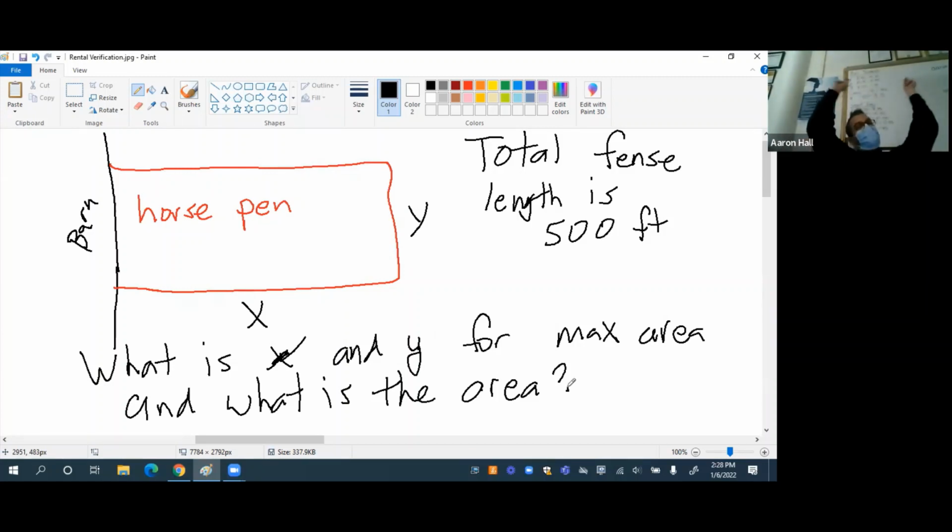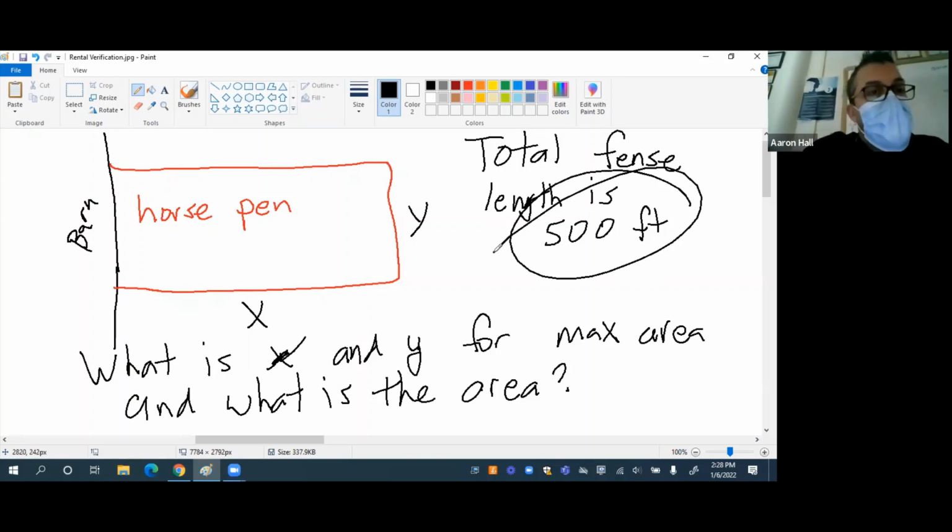Is it possible to arrange my fence so that I have a rectangle with 0 area? Is it possible to arrange this fence so I have no area at all?